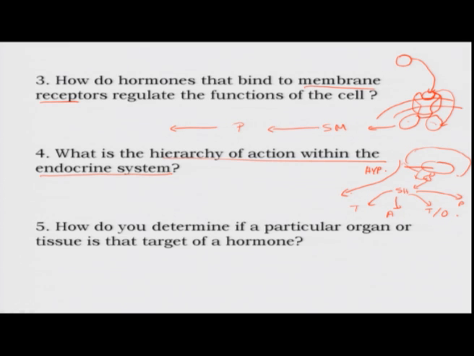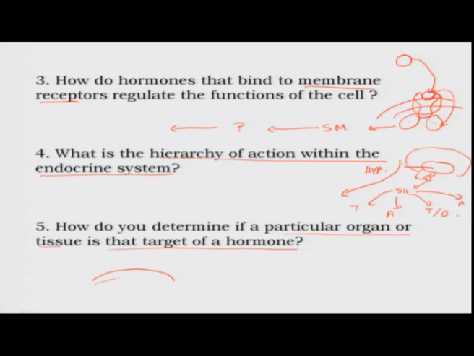Now, the last question is, how do you determine if a particular organ or tissue is a target of a particular hormone? The way you determine this is by first detecting the presence of the receptor on that organ or tissue.